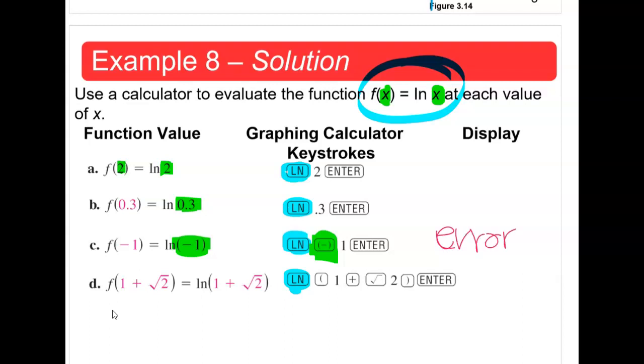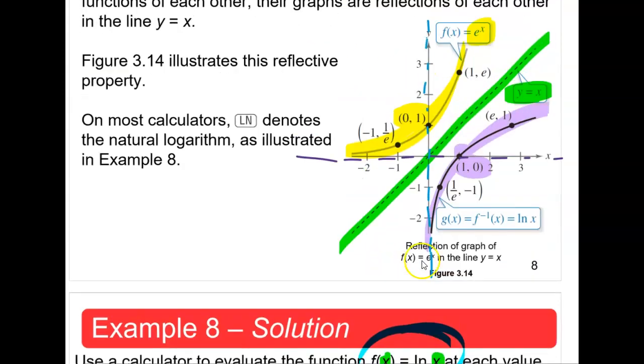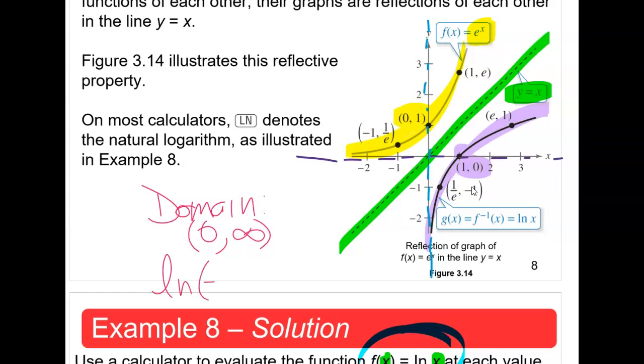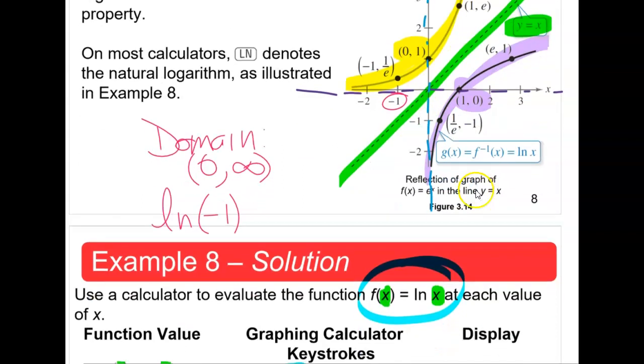But the reason is because the natural log, and I'll show you the graph, its domain is from 0 to infinity. And so if we try to calculate the natural log of a negative number, such as -1, that is something that will be undefined.